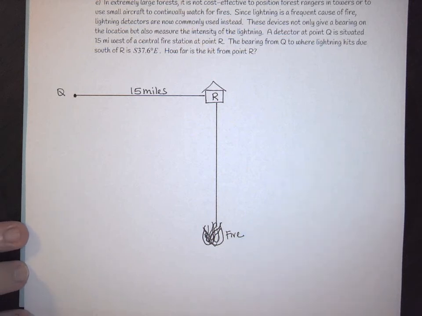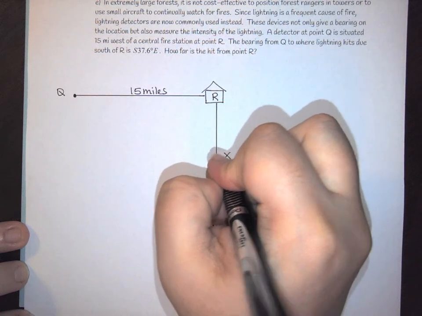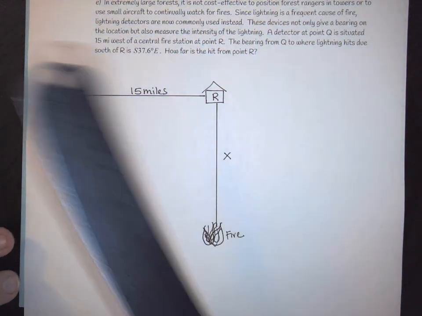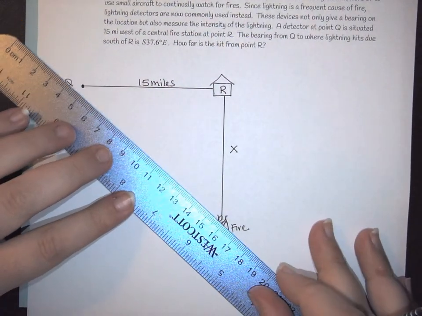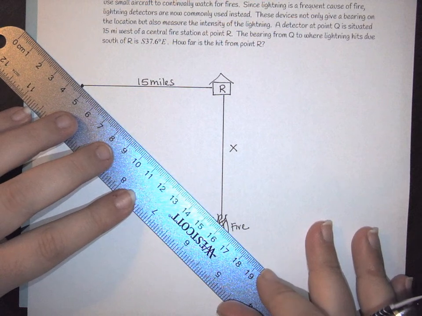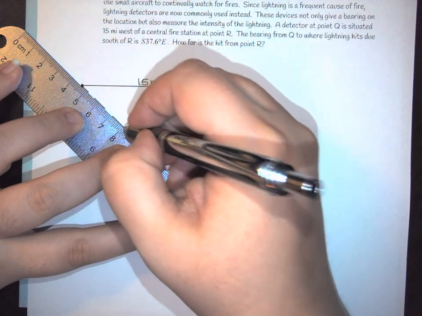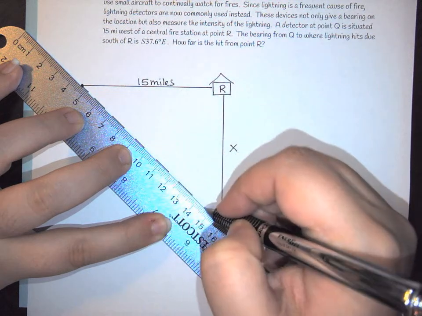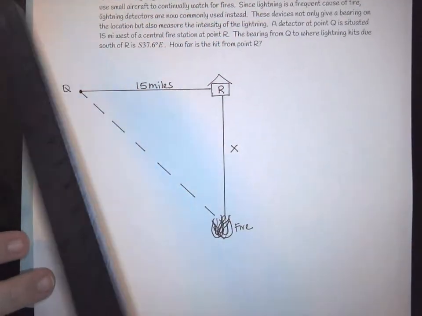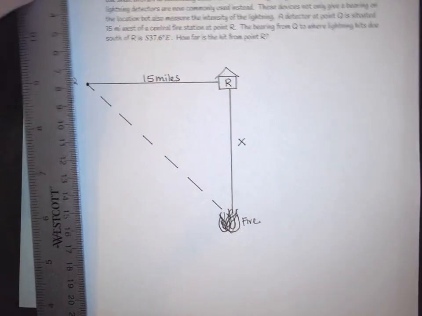Now, what do we know about it? Well, we don't know this distance. However, we do have the distance from the station to point Q, which is going to help us with our triangle. And the other thing that we know is an angle.